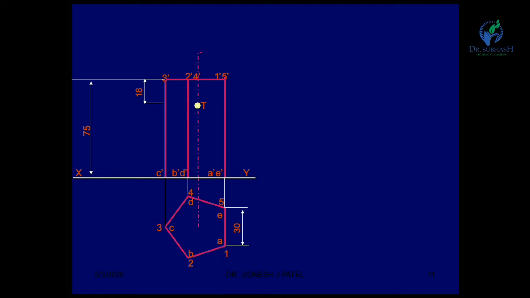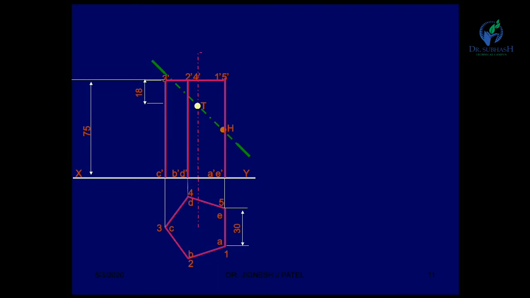Now draw the cutting plane. It is inclined at an angle of 45 degrees, and it is passing at 18 mm distance from the top.